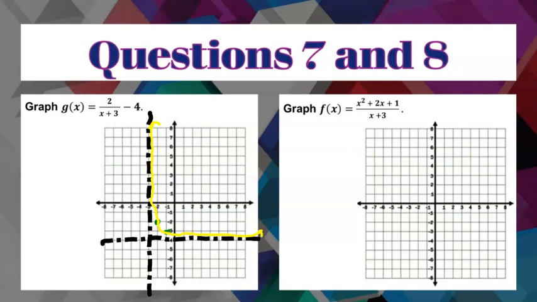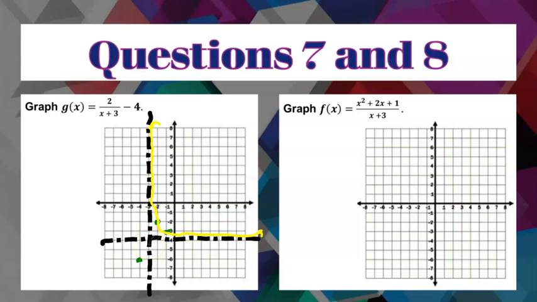Now the other side, let's choose 2 points on the left-hand side of the vertical asymptote. So if I put -4 in, -4 plus 3 is -1. 2 divided by -1 is -2. -2 minus 4 is -6. So I have a point right here.